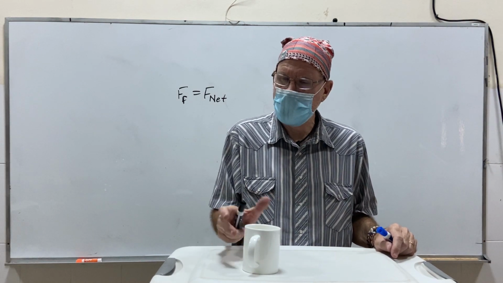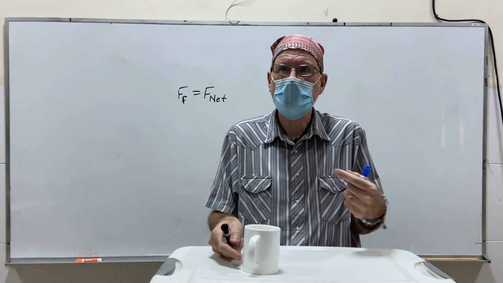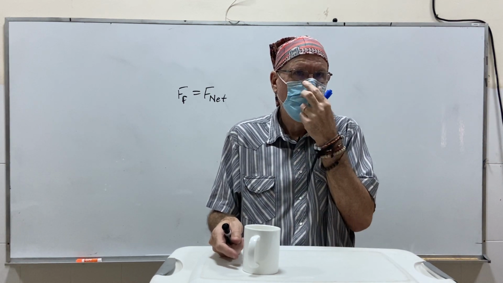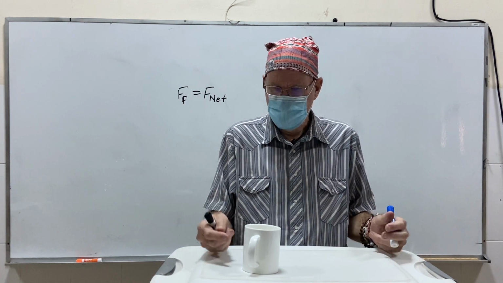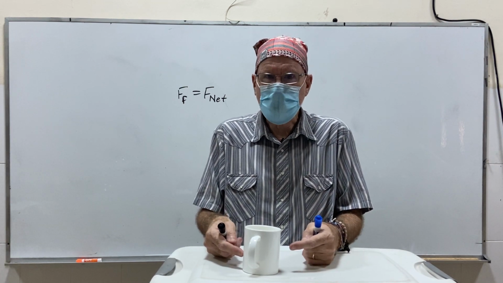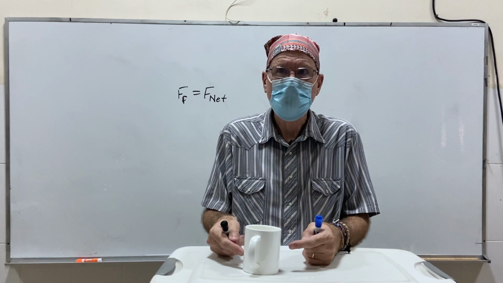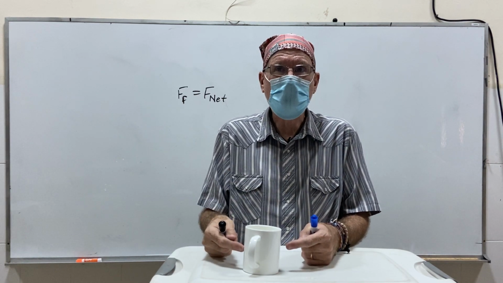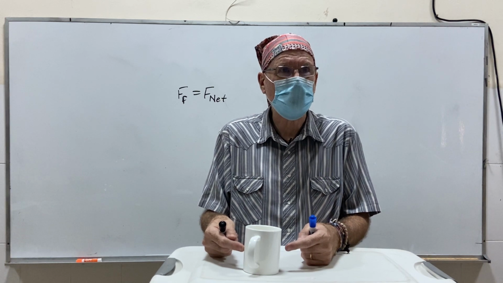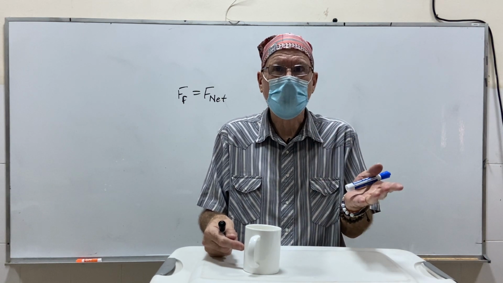So if it's not moving, what's the force going that way? It's the friction, right? So in other words, the friction going this way is the same as the applied force. So I'm applying a force which is equal to the friction, correct?